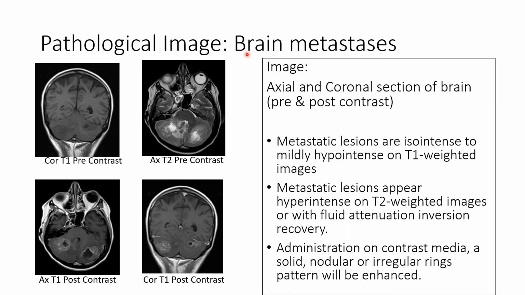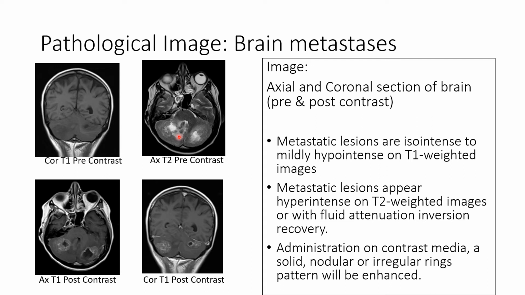For the pathological image of brain metastasis in the MRI brain, as you can see in the slide, there are axial and coronal sections of the brain pre and post contrast. In the coronal T1 image, metastatic lesions are isointense to mildly hypointense.